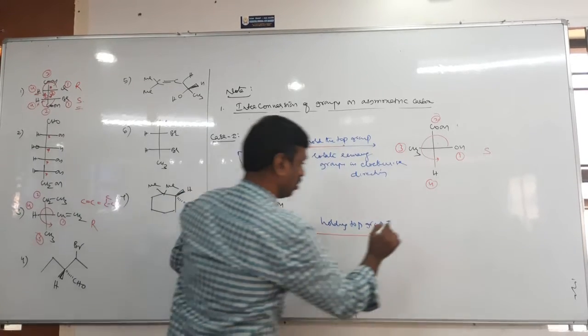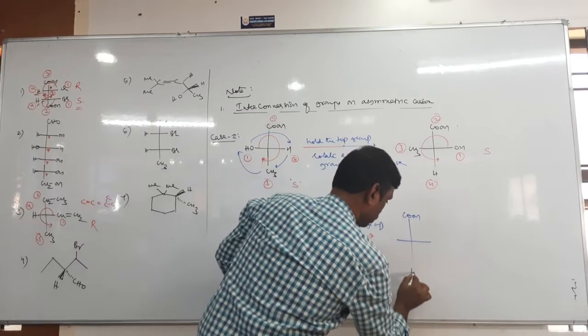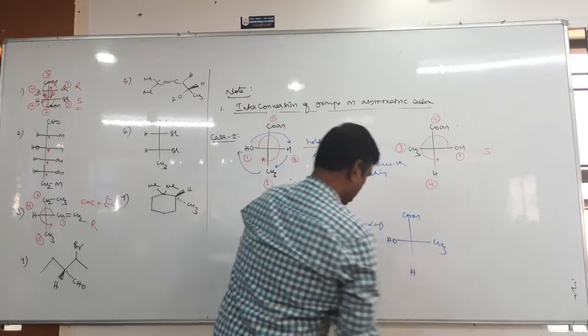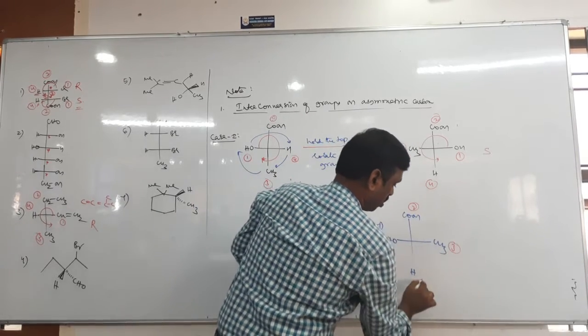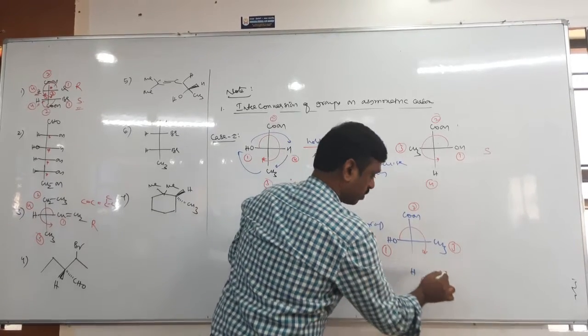Then you get COOH on top, H down, OH here, CH3 here. Now see the rotation, 1, 2, 3, 4. 1, 2, 3 is clockwise, that is R.